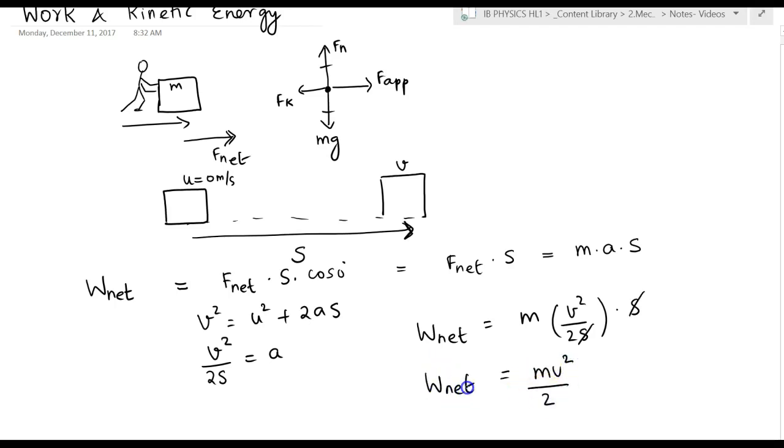So the net work done is equal to m times v squared divided by 2, and this quantity is what we call the kinetic energy of an object. Since the block started at rest, it initially did not have any kinetic energy.